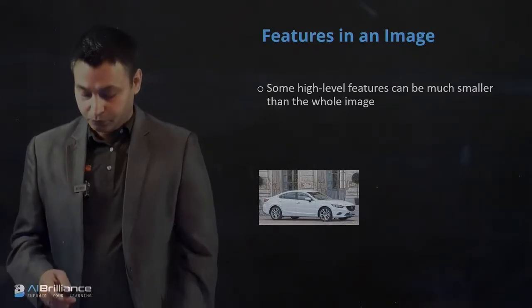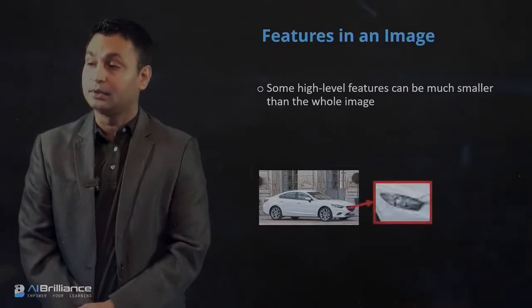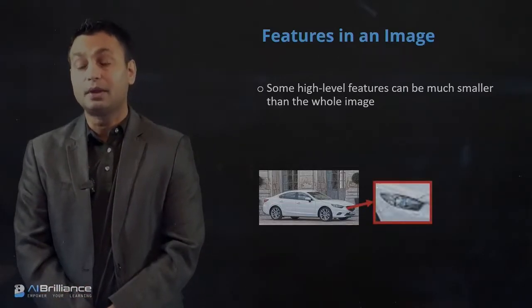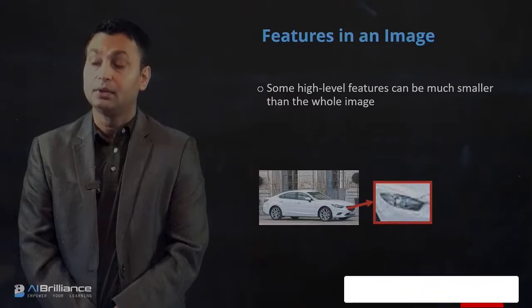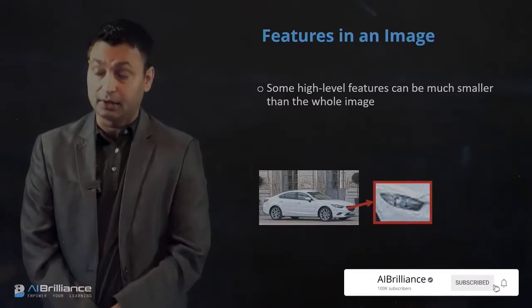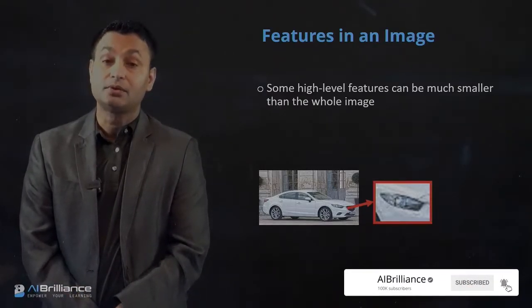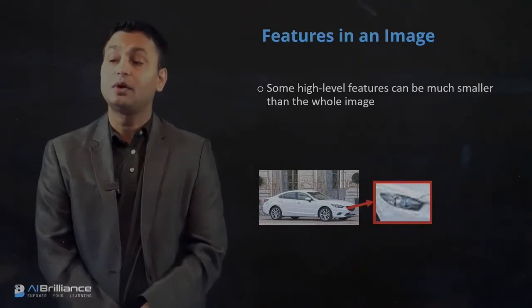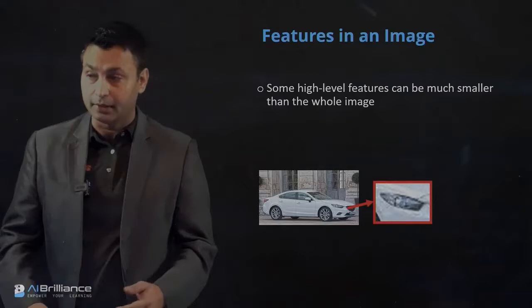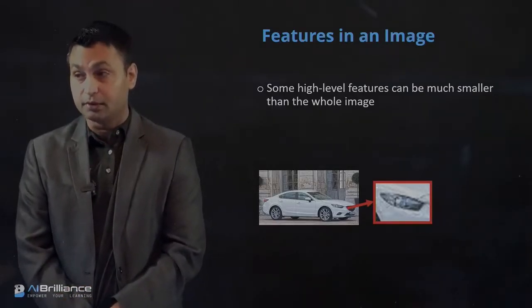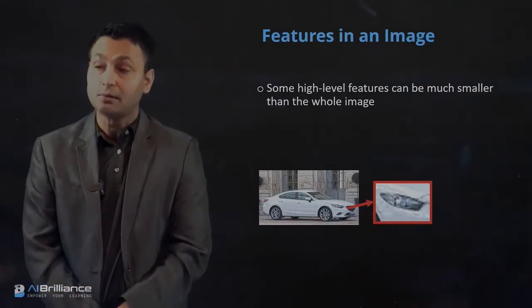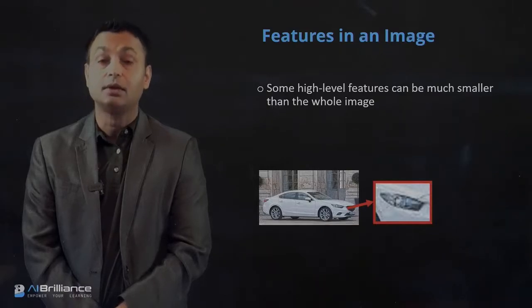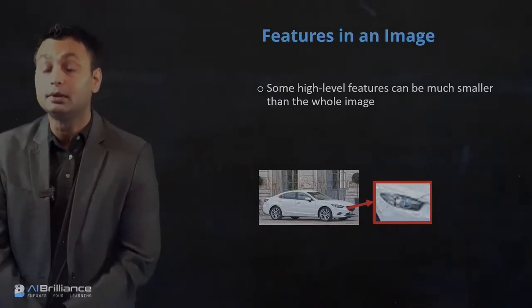One way to do this is to identify some high-level features, for example the headlights of the car. An image of a car will definitely have a headlight, and this is a smaller feature compared to the overall car. Similarly, tires are other features, and the rear-view mirrors are other features that will typically be present in a given car.